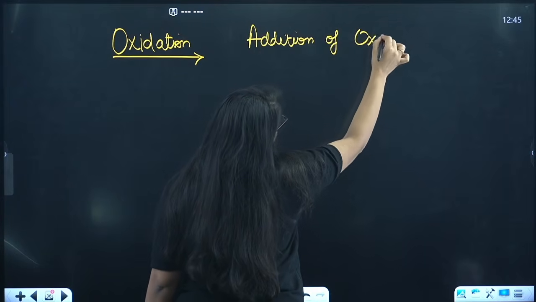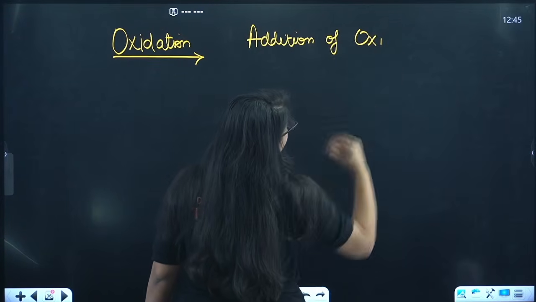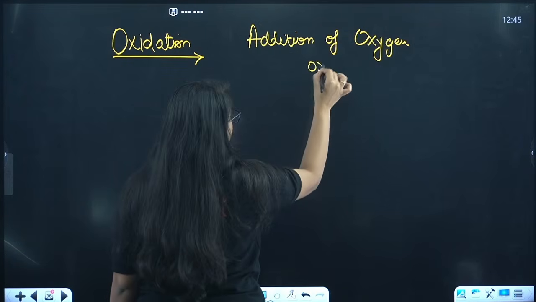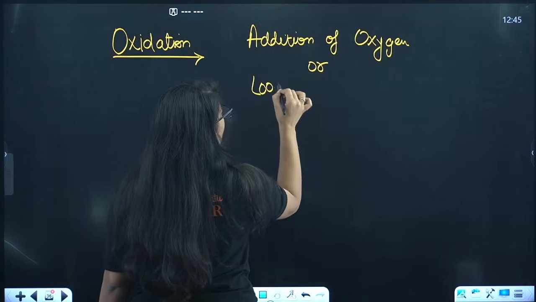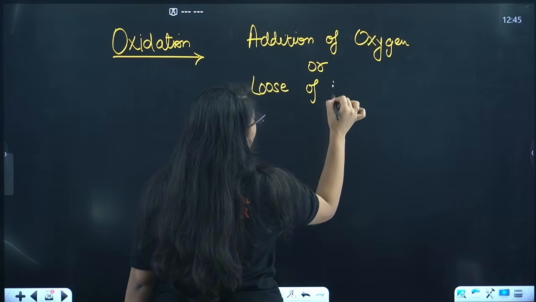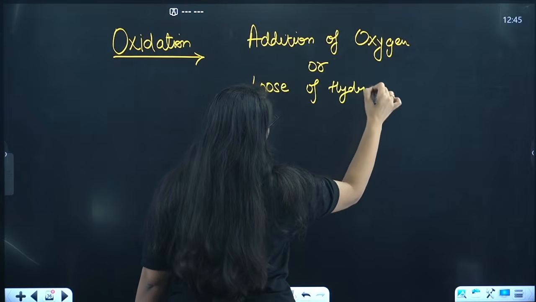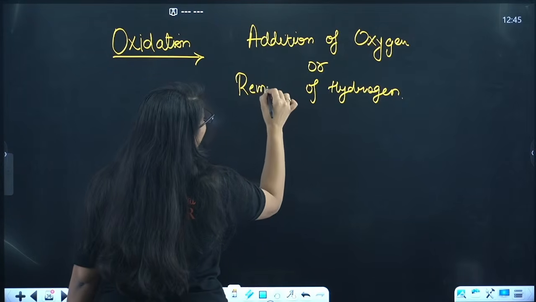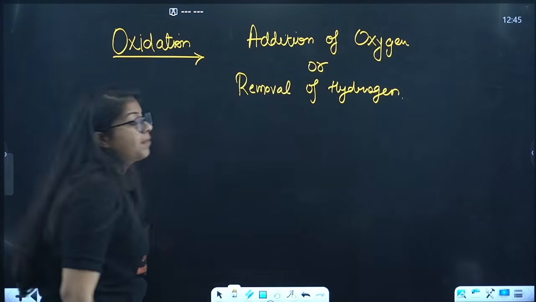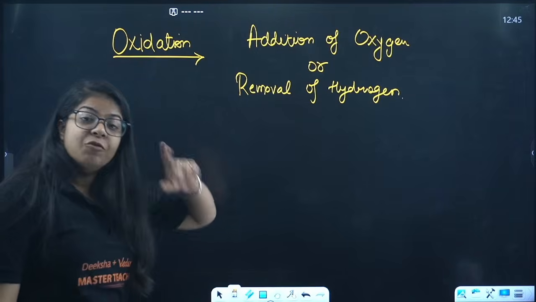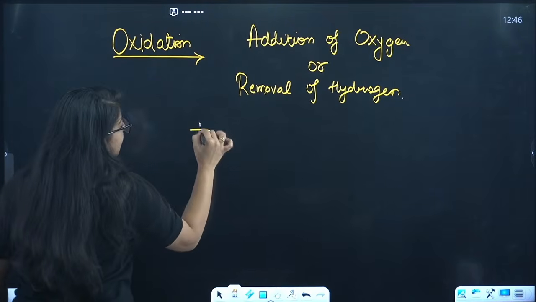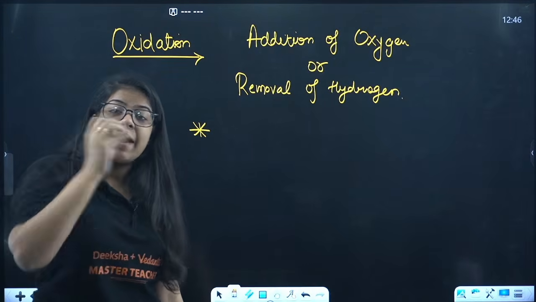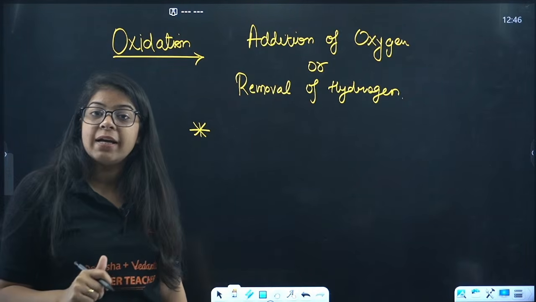Very first thing, whenever you see oxidation, it means the addition of oxygen or loss of hydrogen, removal of hydrogen. One more very important thing: every reaction does not have oxygen and hydrogen, right?